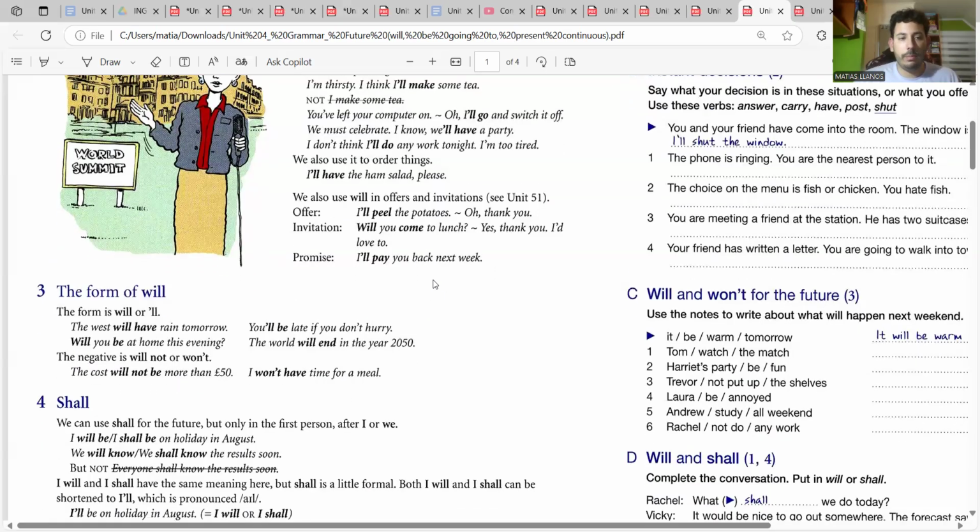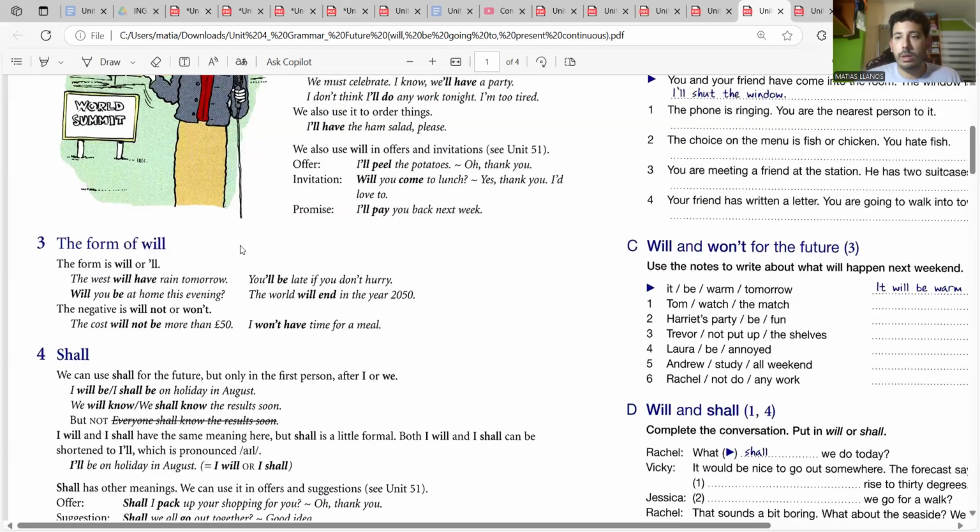So the forms of will. We use will as a contraction with 'll, you know? That's the contraction for will. But we also use it as a negative with won't or will not.